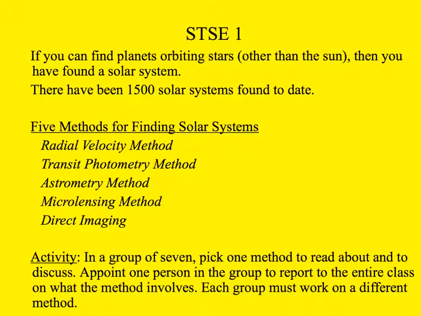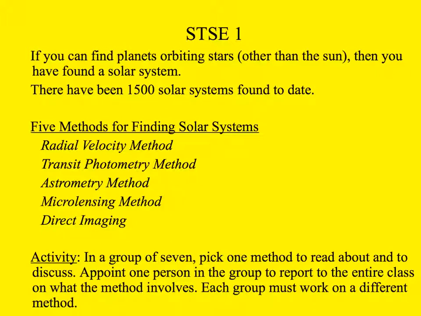Not a lot of people realize this, but we have found about 1,500 different solar systems out there at this point in time. So that's 1,500 solar systems besides the one that we currently live within. There are 5 different ways that you can go about finding a solar system, and I'm going to do a different video on how each one of those methods actually works.